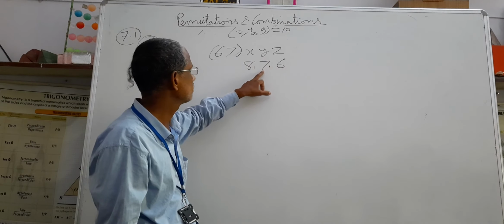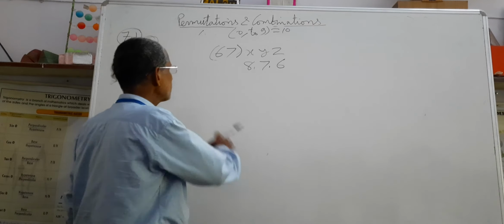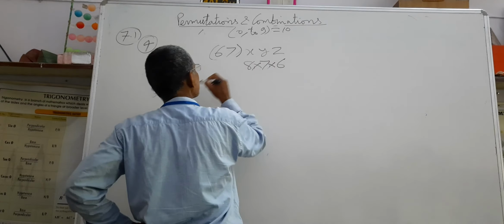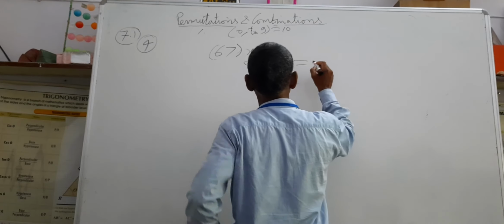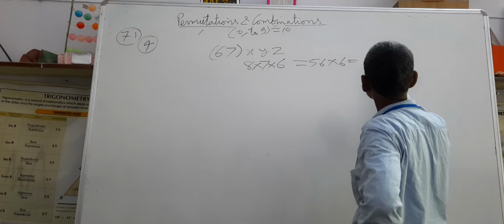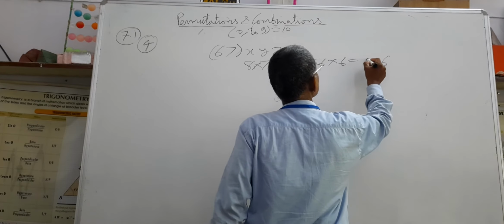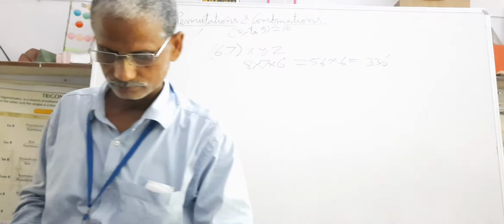This place can be filled in 7 ways, this one in 6 ways. All will be multiplied. It is equal to 56 into 6, which is 336.